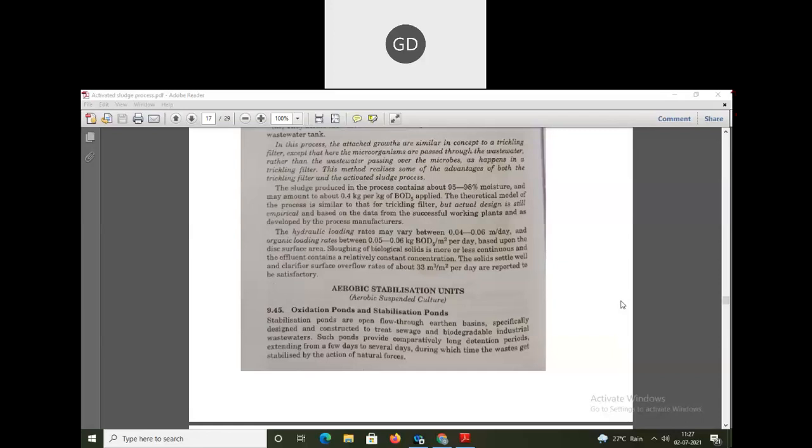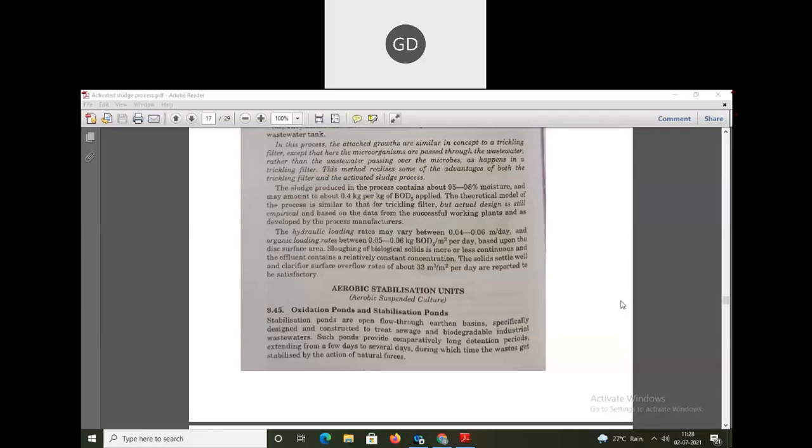These oxidation ponds and stabilization ponds provide long detention periods. These detention periods can be a few days, or even several days.